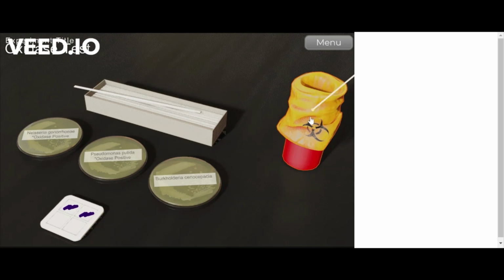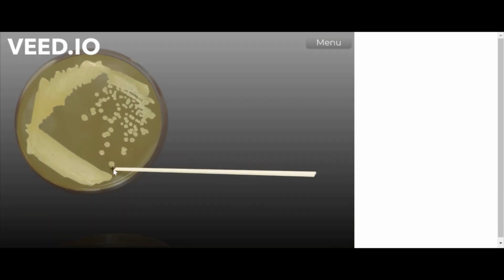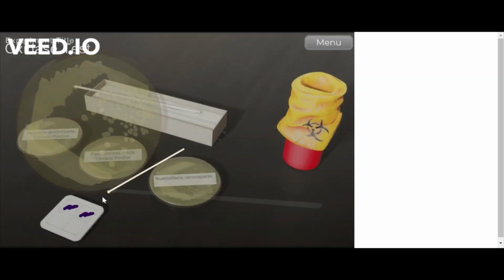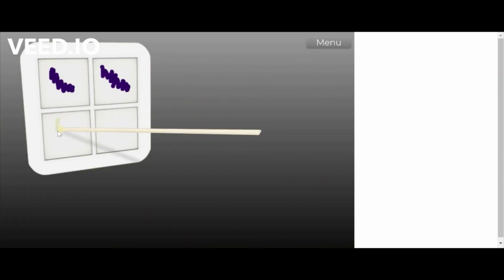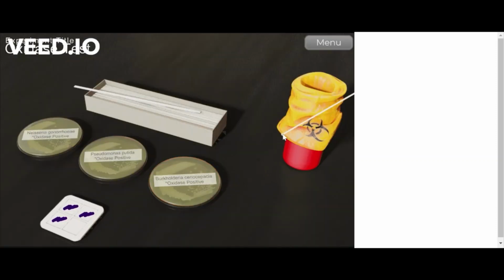Next, I will dispose of the toothpick, and I will lastly get a new toothpick to pick another isolated colony of the bacteria, rub it on the slide and observe the color change. So if the color is dark purple, it will be considered oxidase positive.